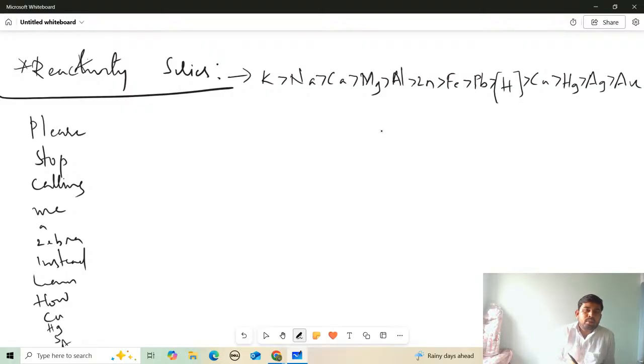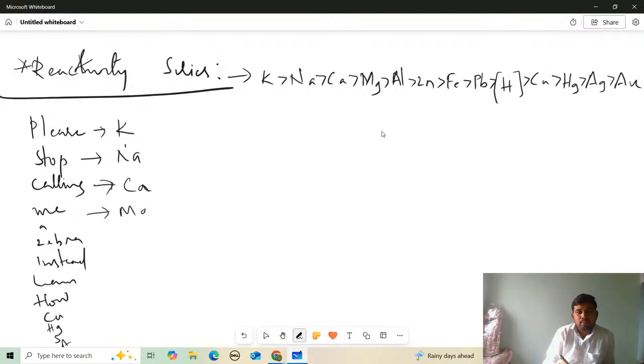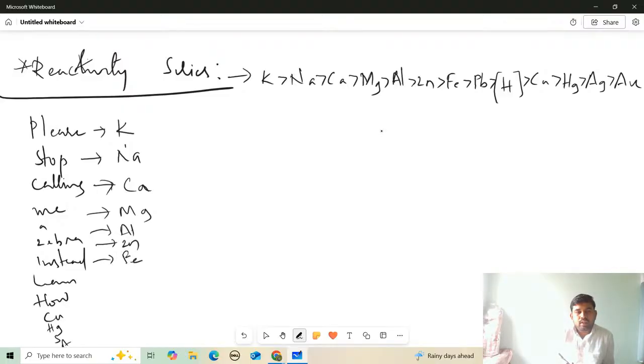Please represents potassium, stop represents sodium, Na. Calling represents Ca. Me means magnesium, A means aluminium, zebra is zinc, instead means iron, Fe. Learn means lead, Pb. How means H, then we have copper, mercury, silver, and gold. Like this you can remember it.